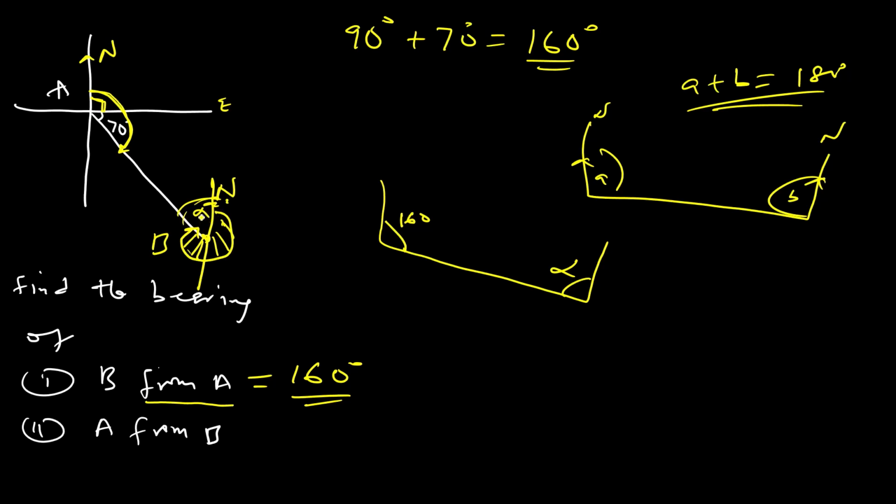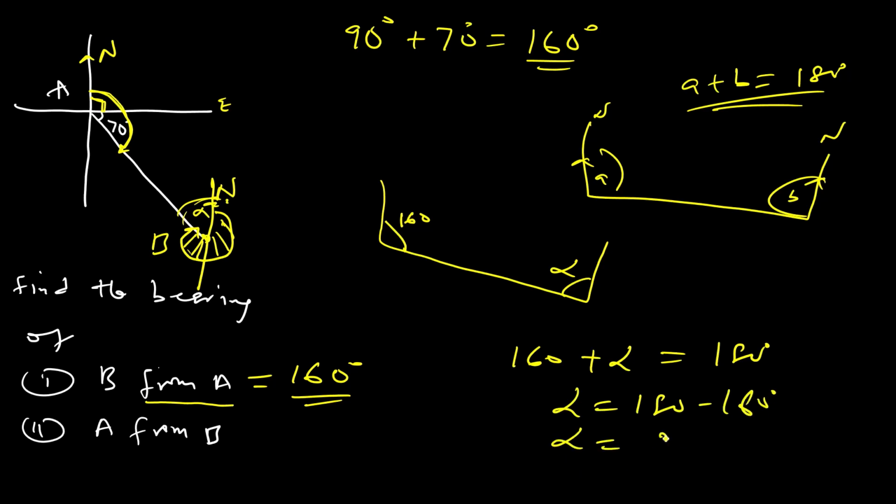Once we find alpha, we can subtract from 360 to get the bearing of A from B. So 160 plus alpha equals 180 degrees. So alpha is 180 minus 160, which is 20 degrees. So this side is 20.